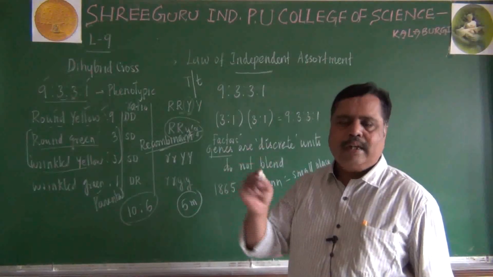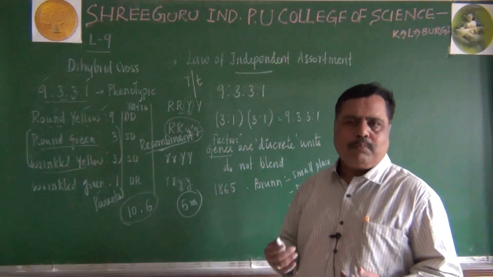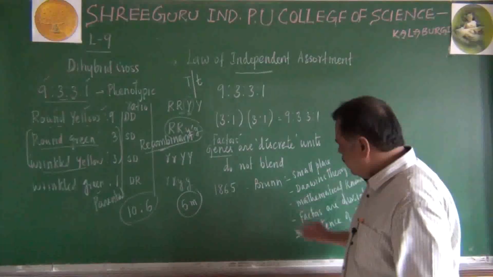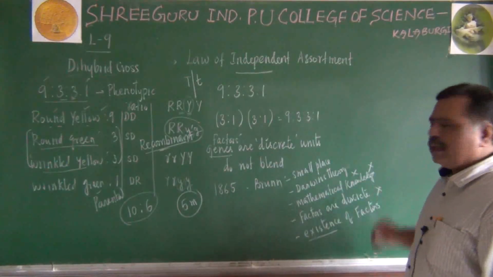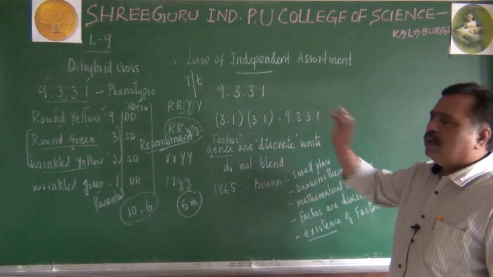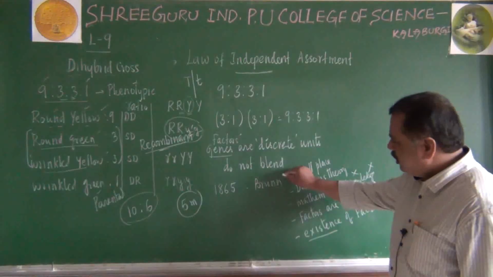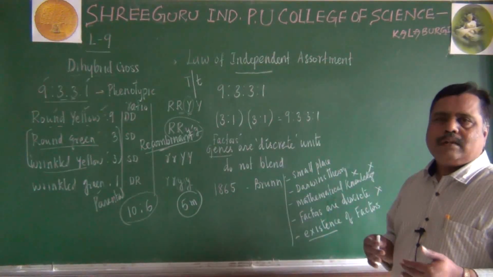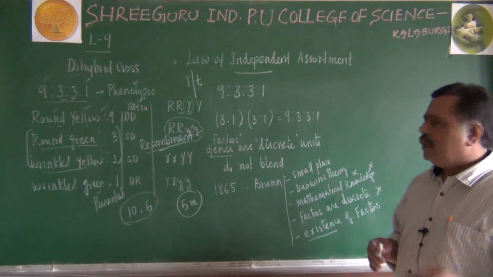Where do they lie? He could not tell. In our body or in the pea plant or any other plant body, where do we come across these factors? That could not be explained by Mendel. So due to these reasons, Mendelian principles were not made popular during that time.